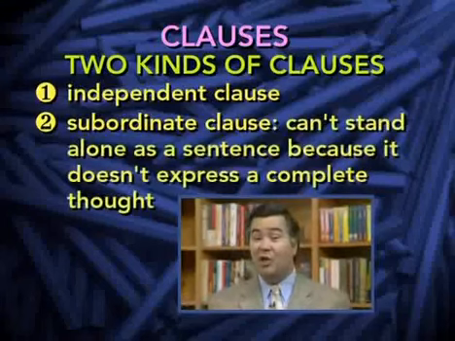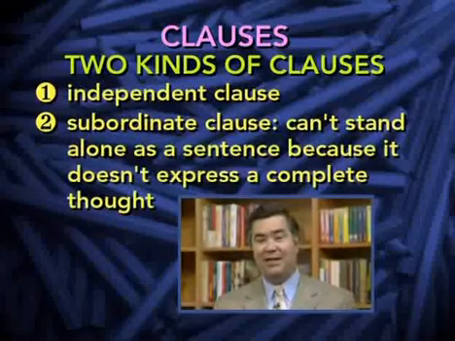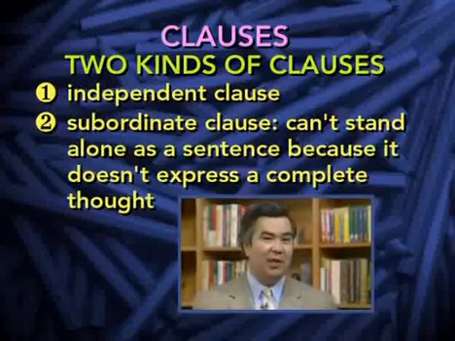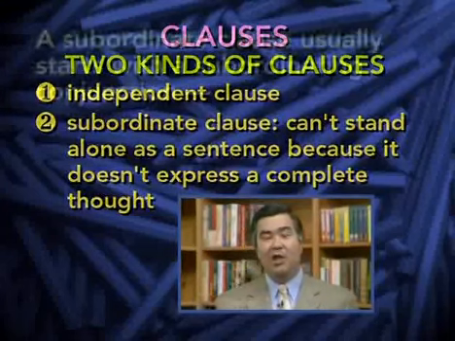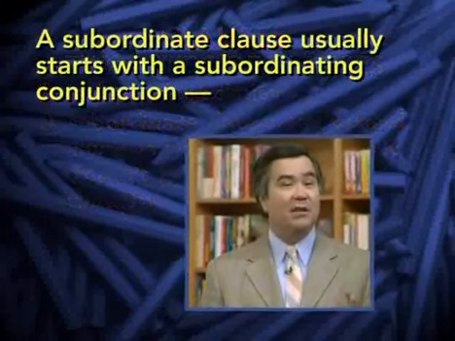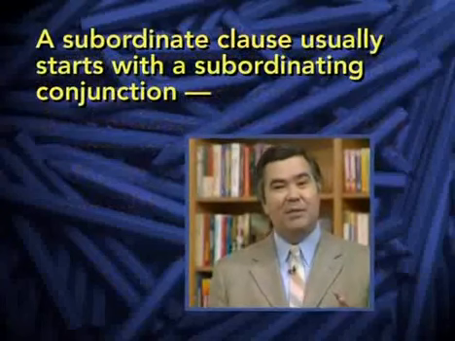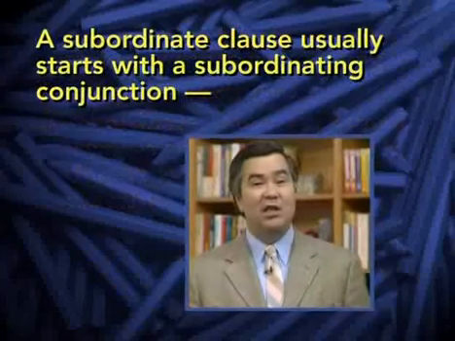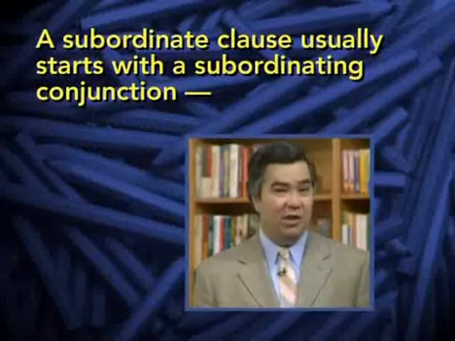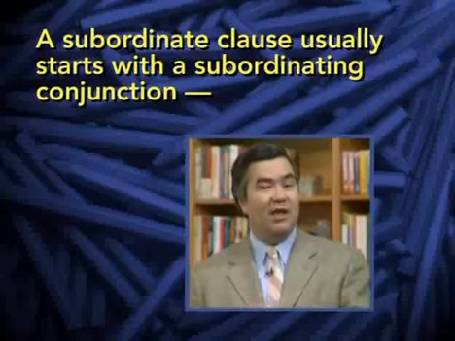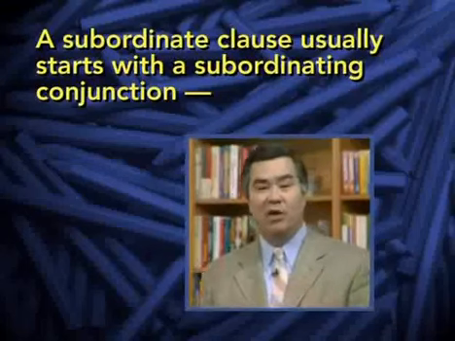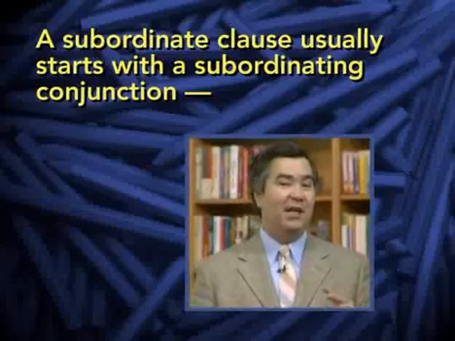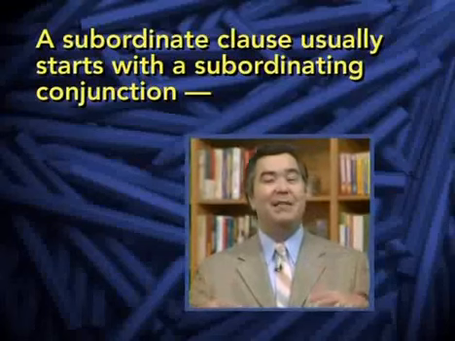A subordinate clause can't stand alone as a sentence because it doesn't express a complete thought. Usually, subordinate clauses begin with particular types of words which are known as subordinating conjunctions. A conjunction is a word that connects two groups of words, and the word subordinating means making something less important.